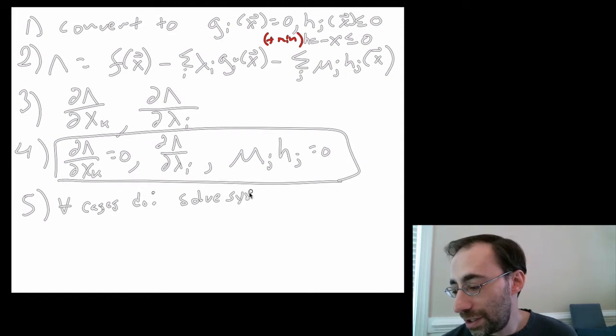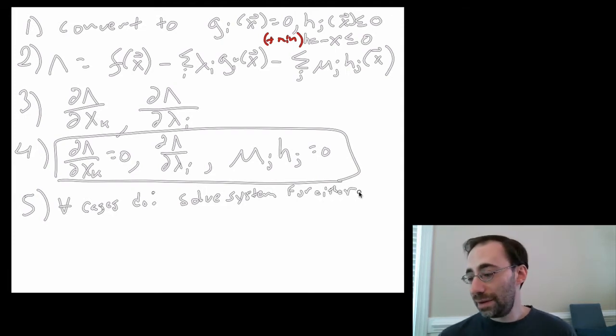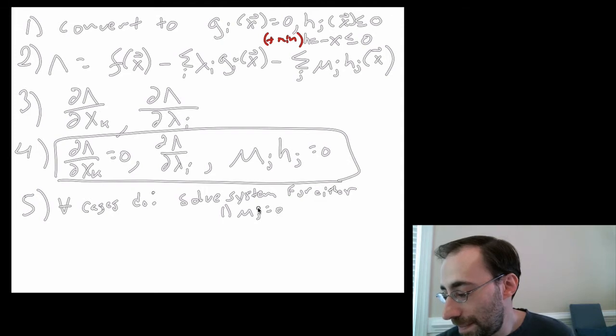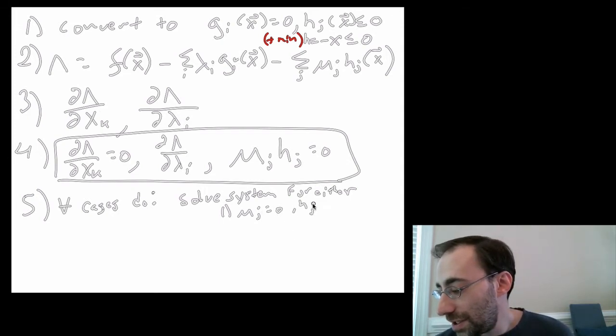Solve the system of conditions for either, and this is for one condition, but this generalizes, for either mu equals 0 for each j and h is less than 0, or mu is greater than or equal to 0 and hj equals 0.